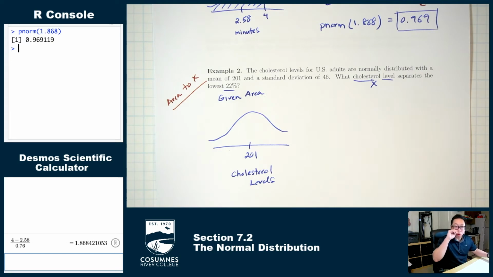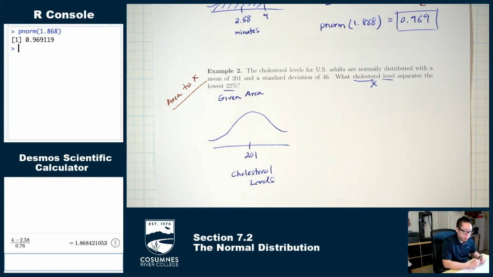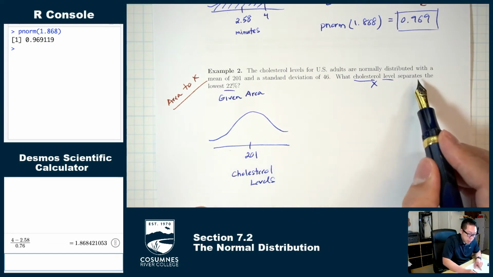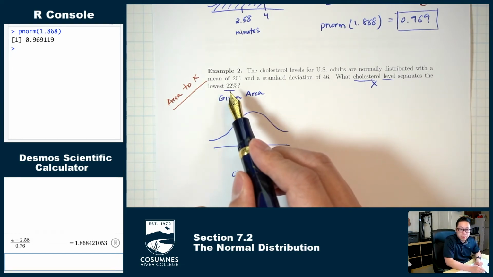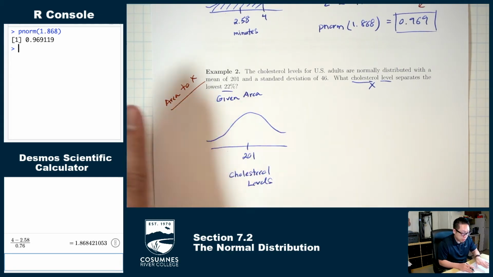Okay, and then let me draw the rest of my picture. So you need to decide whether this is shaded to left or shaded to right. Okay, and I need to put the 22% on my picture also. Standard deviation, you don't. So I want the x that separates the lowest 22%, right? So that 22% is an area. Our lowest here means the left side.